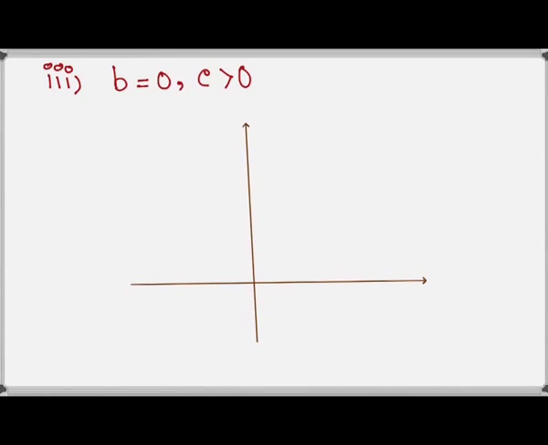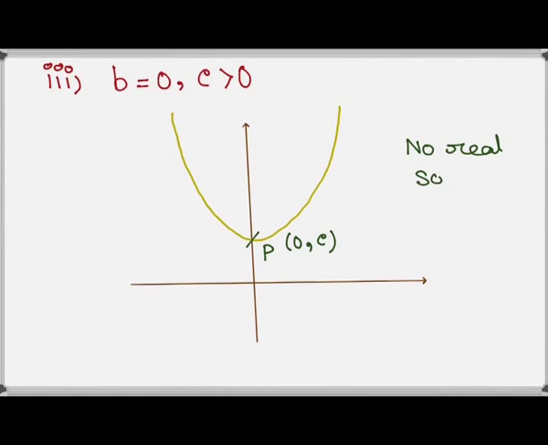The third subcase is b is equal to 0 and c is strictly bigger than 0. Now let us draw the parabola. So this is the x-axis and this is the y-axis, and here the parabola is like this. So here is the vertex, which is also the y-intercept. So this is 0, c, and here also no real solution exists.